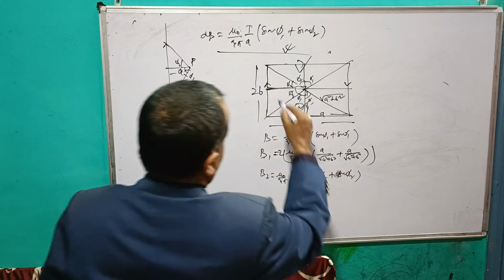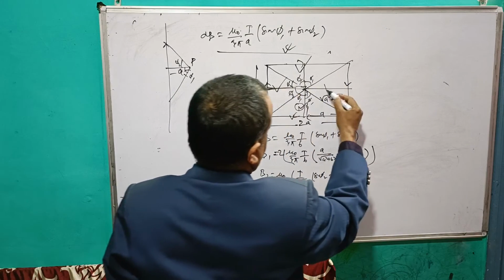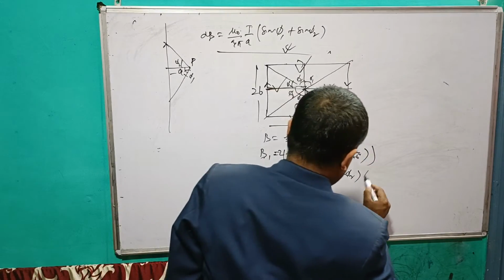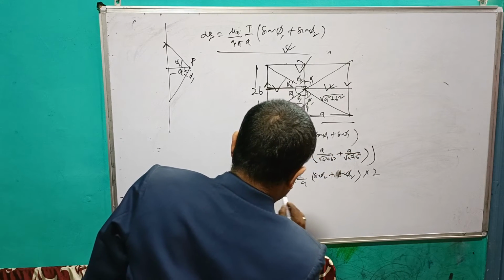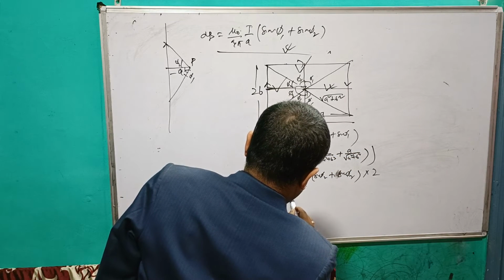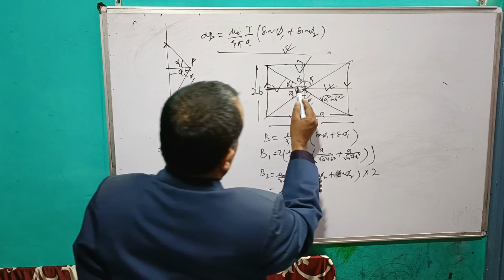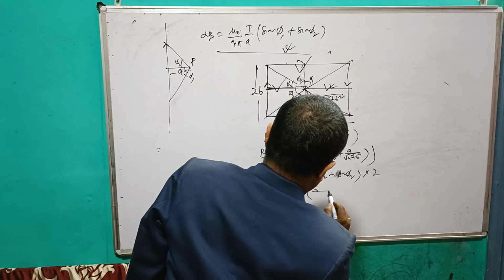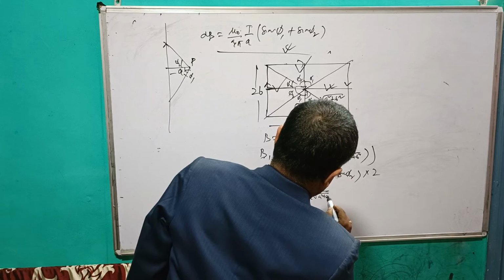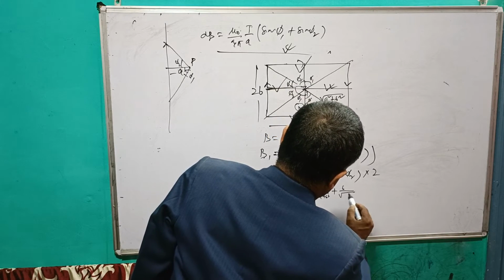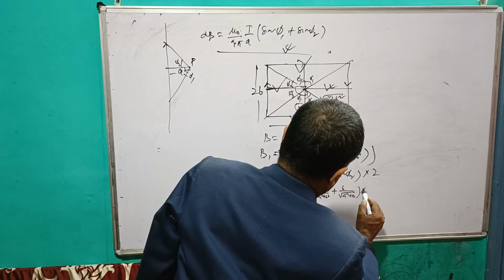And we see that the contributions due to this element and this element are going to be the same. So we can twice it out. So this is mu naught upon 4 pi, I upon A, and sine phi 2 is perpendicular B upon root over A square plus B square, and this is twice.